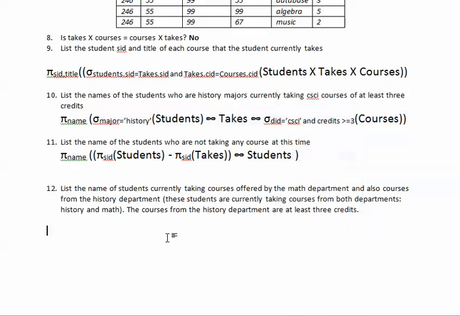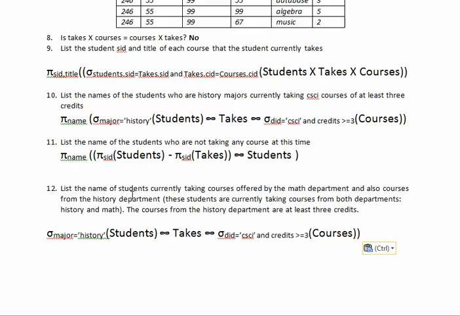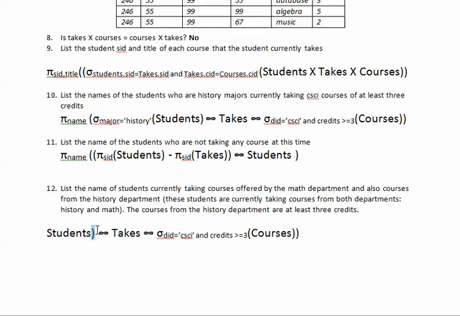And I will modify. So here, students currently taking courses offered by the math department and also courses from the history department. So I don't need this selection. I need the students to join with takes, but then offered by the math department and the history department.